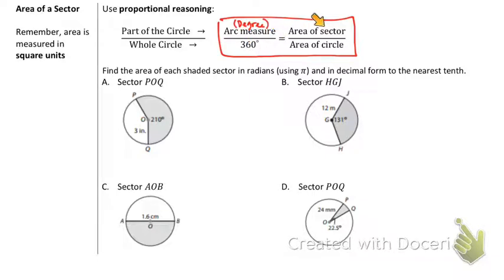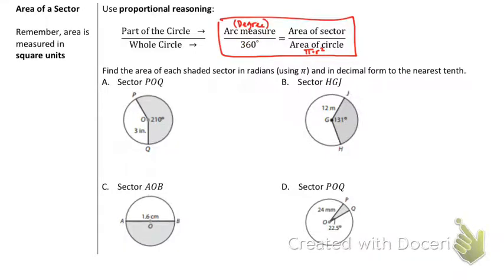Here's our proportion. We're going to find the area of a sector, and we're going to divide that by the area of the circle. And as a reminder, the formula for area of the circle is pi times r to the second power. Okay, once we plug in the information, we cross multiply and solve for whatever we need to solve for.